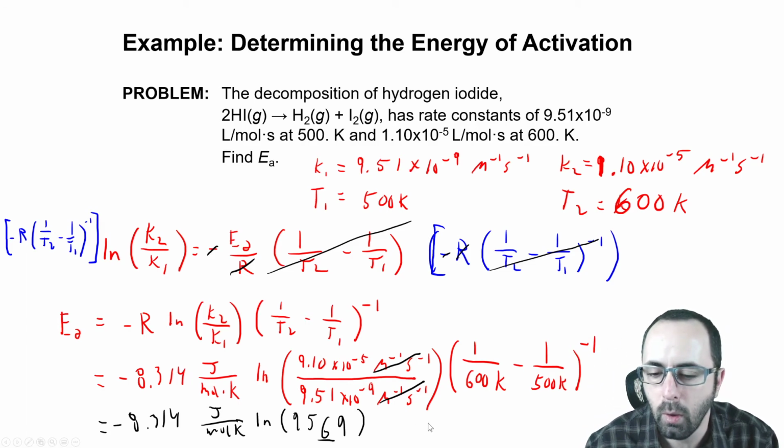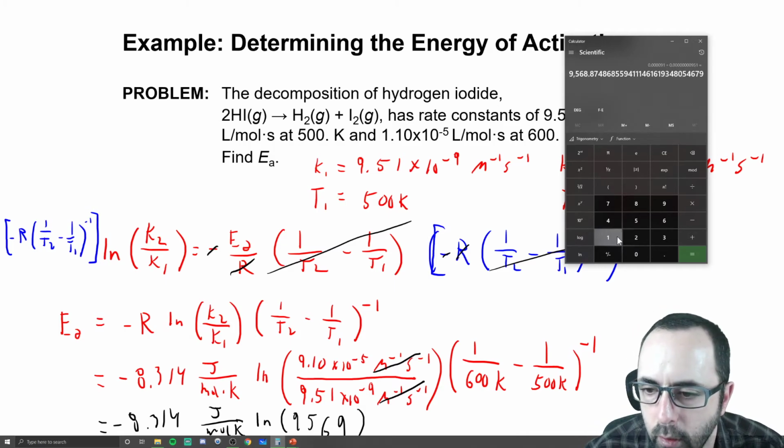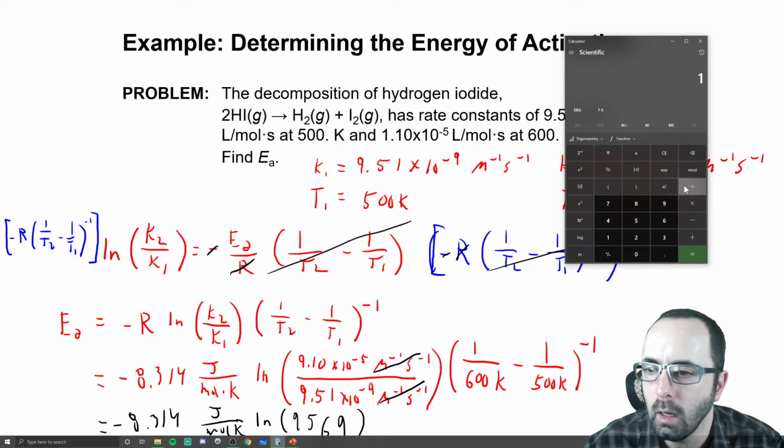And now this is where it can be tricky. Be very careful about the way you enter something like this. You have to do the division first before you do the subtraction. So I'm going to do this with parentheses. So 1 divided by 600 minus 1 divided by 500 equals.